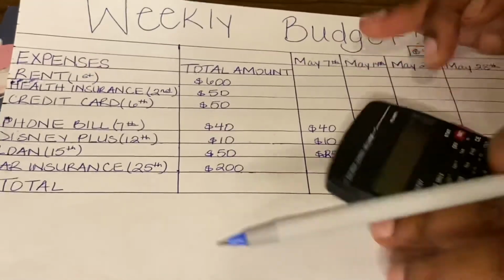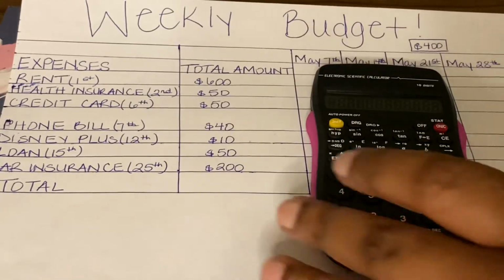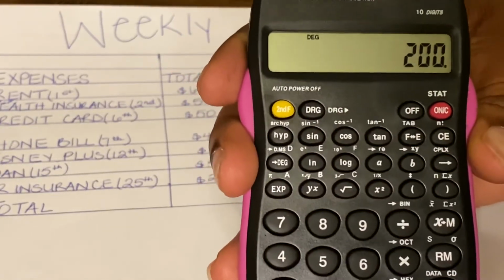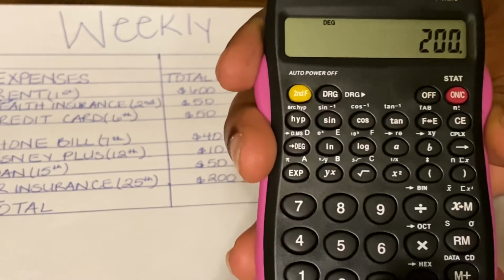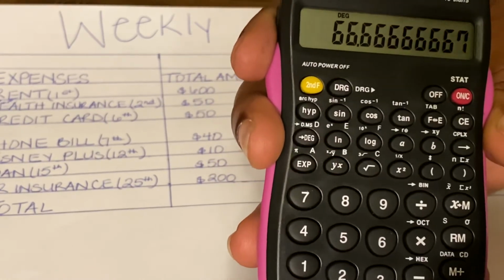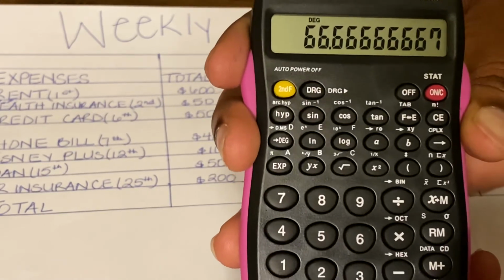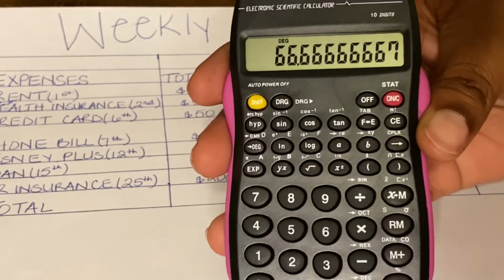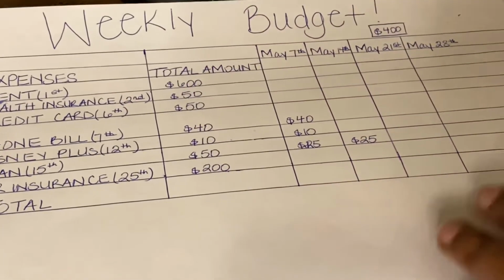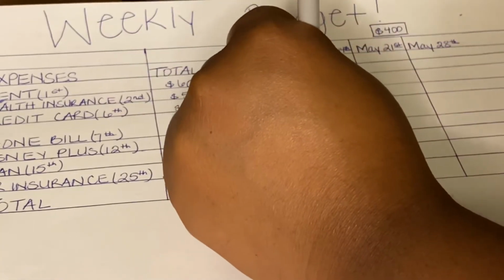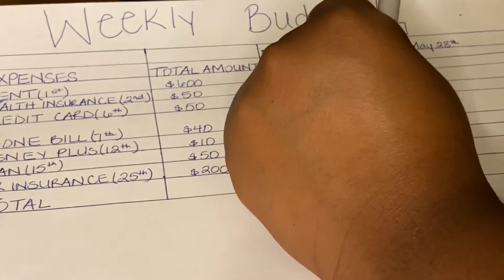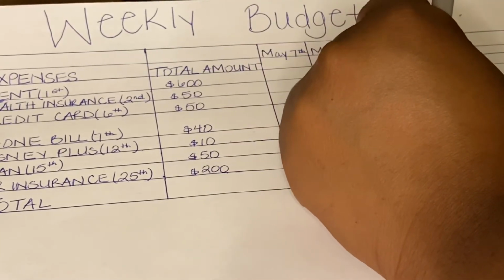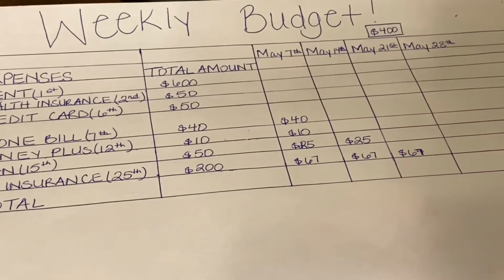So I'm just going to take 200 divided by 3, 66.6, and we're gonna just round that up to 67. So $67 each check.